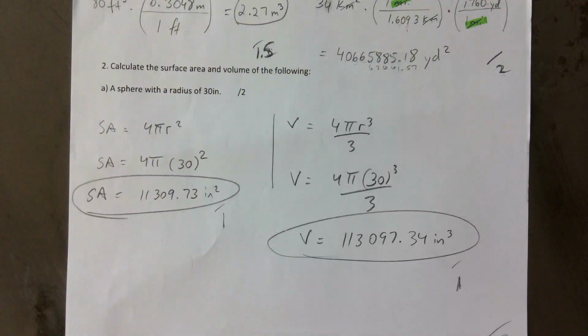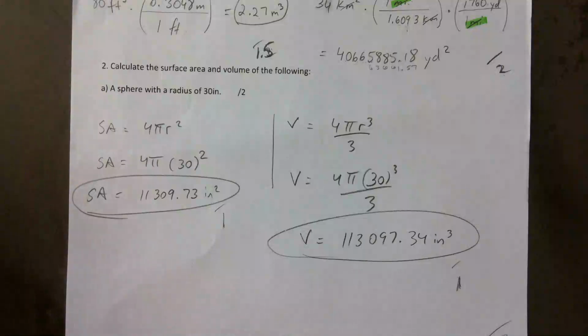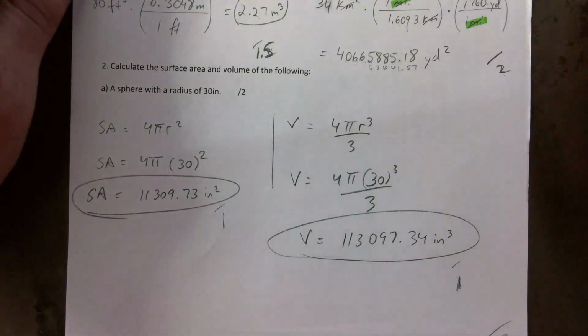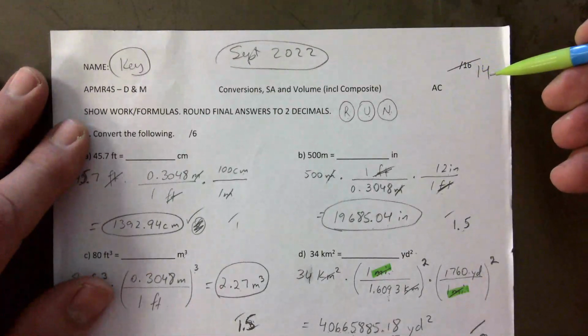So this one would have a total of 14, 8 and 6. So cross off the 16 at the top and just make this 14.